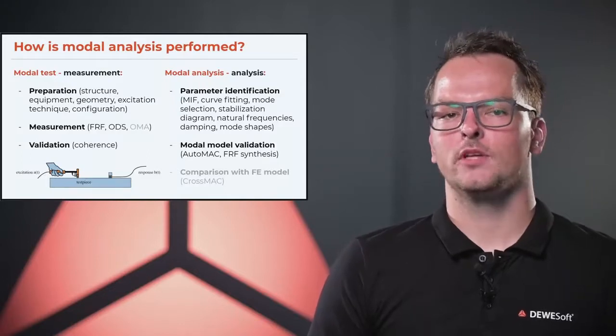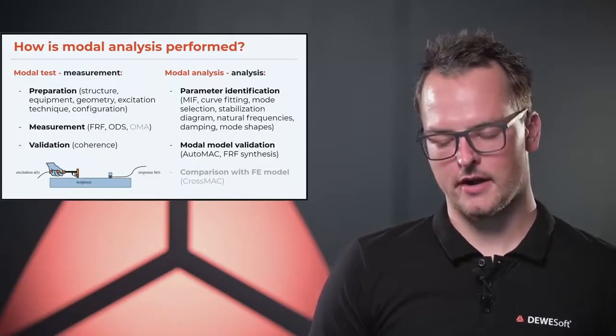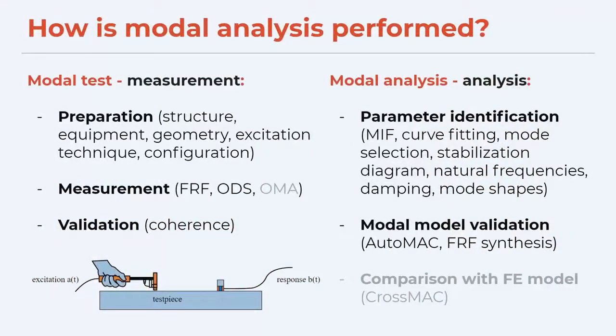So how is modal analysis performed? So there have been a lot of questions, what's the difference between modal test and modal analysis? So basically, modal test is measurement procedure. So to do the modal test, we need to know what kind of structure we are measuring, we need to prepare the equipment that we are using, we need to know what kind of excitation technique we will use, the configuration, the geometry.